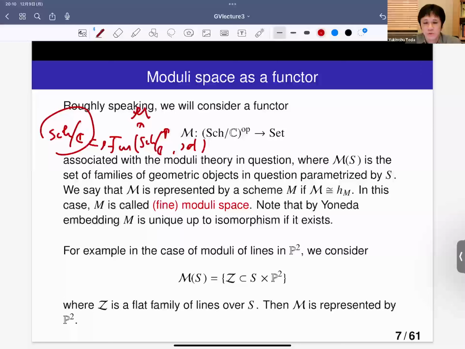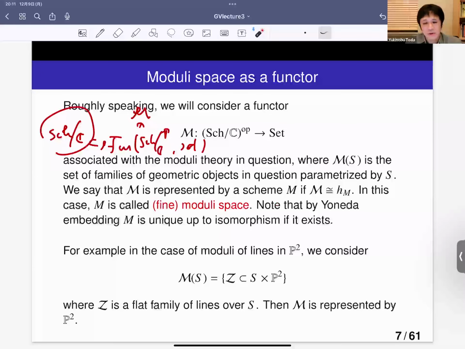So this means that if the functor is represented by a scheme, then there is no ambiguity of the geometric structure on it. For example, in the case of the moduli of lines in P2, we consider this functor: for each scheme S, we consider the flat family of lines over S. This is a closed subscheme of S times P2 that is flat over the factor S. Then this functor itself is represented by P2, not the disjoint union of C2 and P1, nor the discrete set of points.